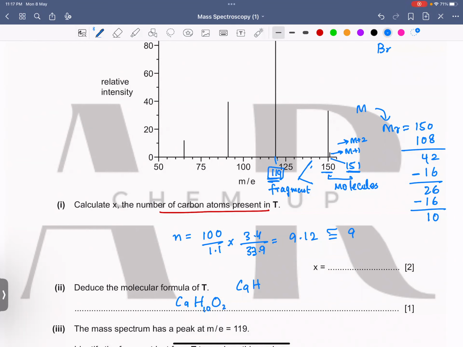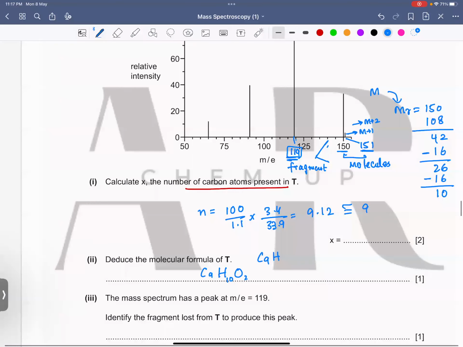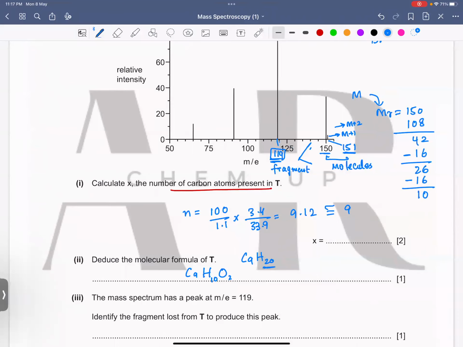As I have told you, the maximum number of hydrogens 9 carbons can have would be 20, right? So there must be no hydrogens greater than 20, but there can be hydrogens which are fewer than 20. Is this clear? If anyone has any doubt, any question, do ask.